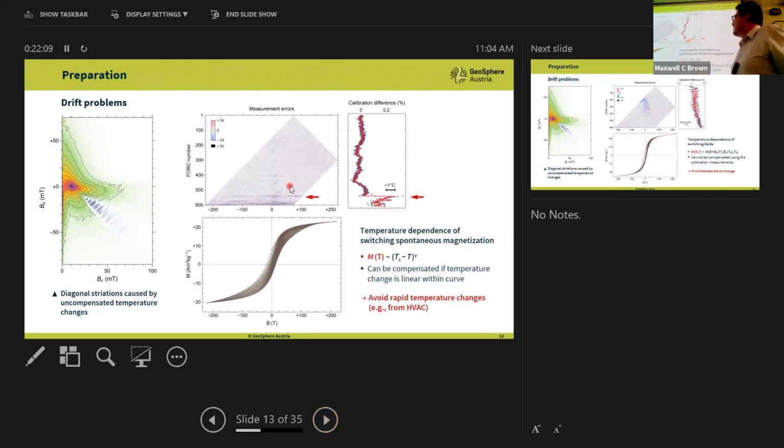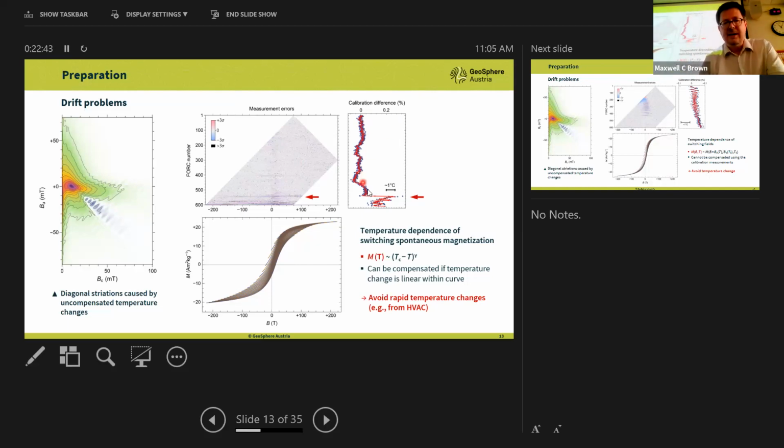Here you see another representation, which is provided by VariFORC. When you import the FORC data, you always have this diagram shown. In this diagram up here, you see the applied fields on the horizontal axis, and on the vertical axis the FORC number. Measurements run horizontally from left to right. To the right of this diagram, you see the calibration measurements. Before each FORC is measured, the calibration is measured at the maximum field, as a function of FORC number.